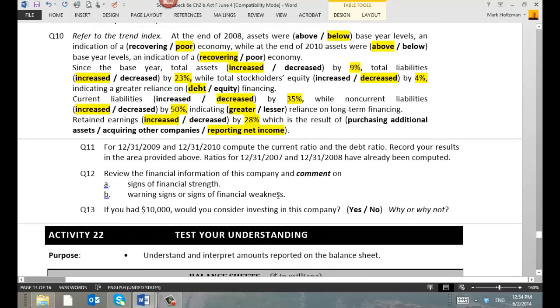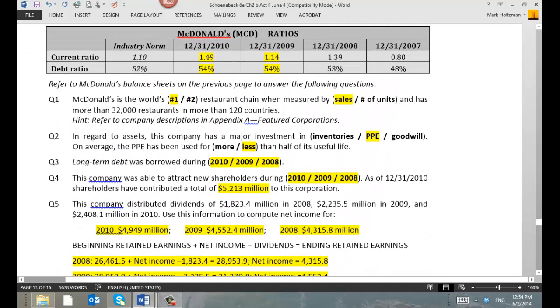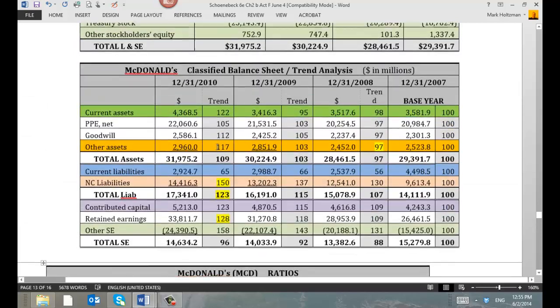So therefore, let's talk about financial strength. Warning signs or signs of financial weakness. What do you think of in terms of the financial strength of McDonald's? The total assets are slowly going up, but the liabilities are increasing as well.